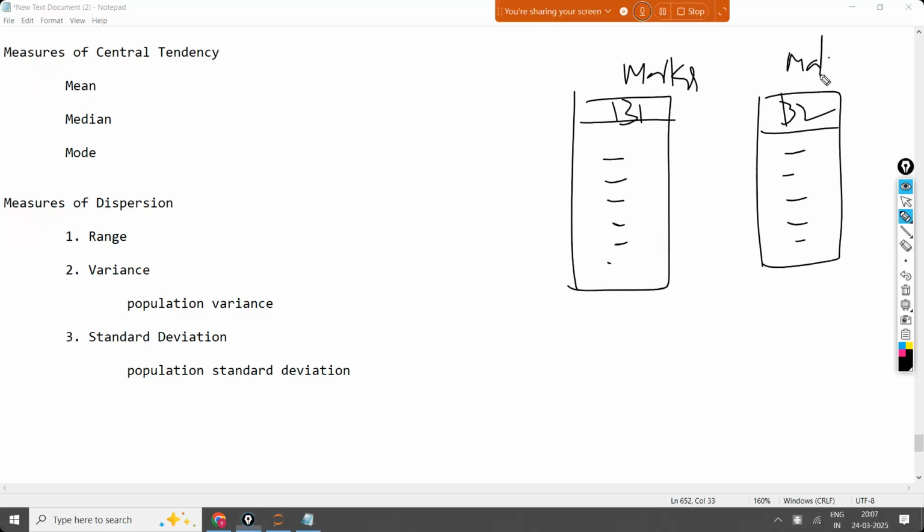The syllabus is the same, the question paper is the same, everything is the same, but the students and marks are different. Now, which batch's performance is good?